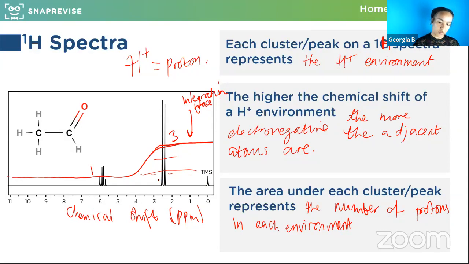So you can get 3 in there. All that's telling you is there's 3 protons in that environment. Is that just to show the ratio? Yeah, exactly. It's just showing you the ratio between the protons. So either the exam question will give you that, or it will give you literally the numbers.